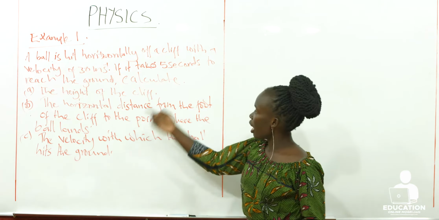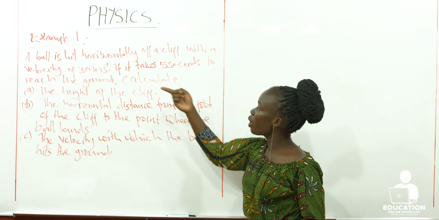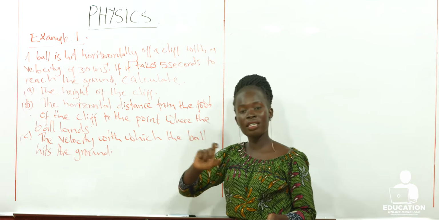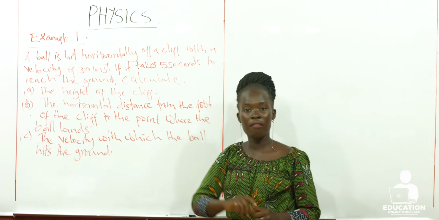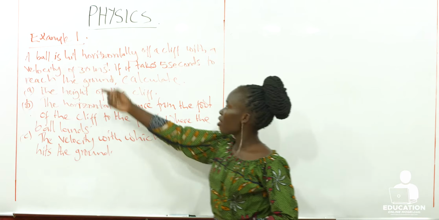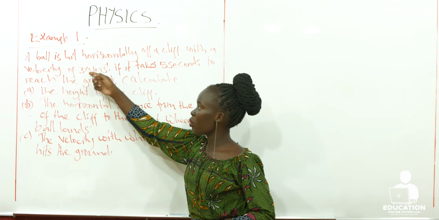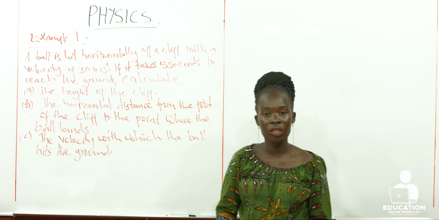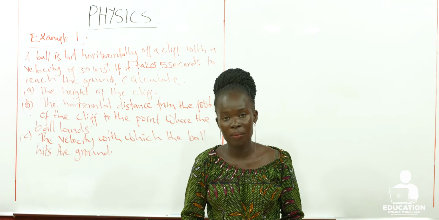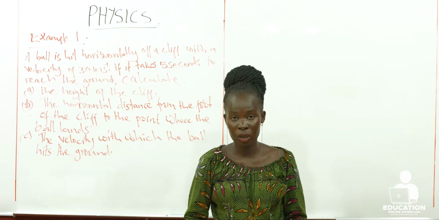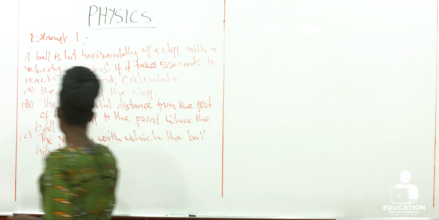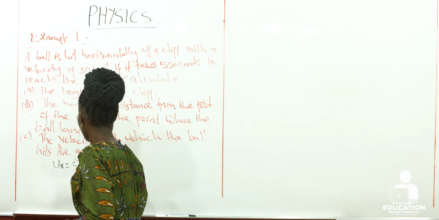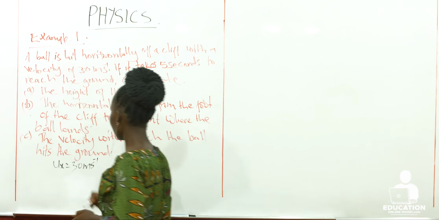If you look at our question, they are talking about the ball being hit horizontally. So there is this element of uniform velocity. Meaning that the velocity they have given us here, which is 30 meters per second, is actually the initial velocity with which the body was started, but in the horizontal motion. So that is our ux, which is 30 meters per second.